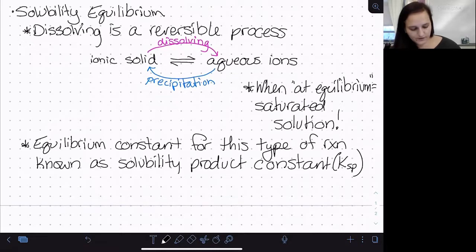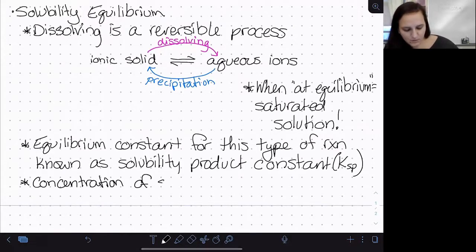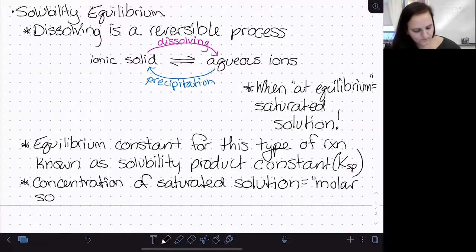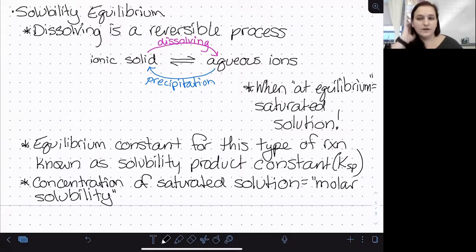The concentration of a saturated solution is also known as the molar solubility. And that's another thing that ice tables are commonly used to solve for.